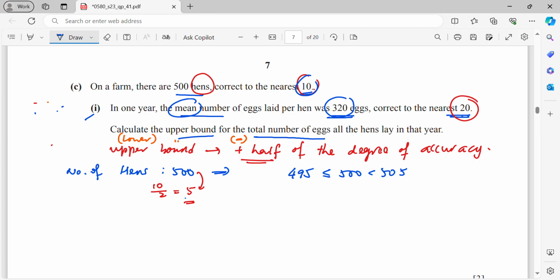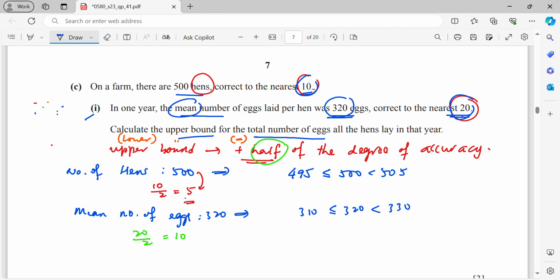For the mean number of eggs, which is given as 320, because it is nearest 20, this 20 divided by 2, because always half, will be 10. For the upper bound you add 10, so it becomes 330. For the lower bound you minus 10, so it becomes 310.